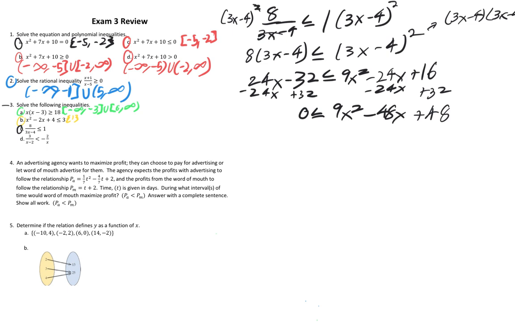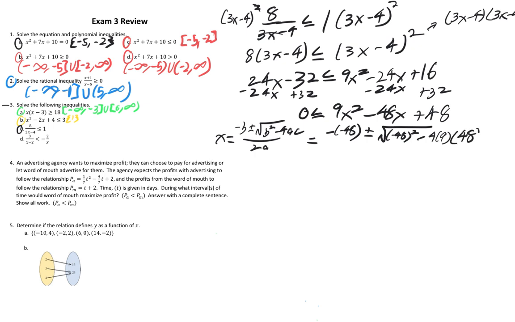So now what we want to do is find our factors. So easy way for this one is we're just going to use the quadratic equation. So minus b plus or minus the square root of b squared minus 4ac all over 2a. That's what our x is equal to. So in this case, we're going to have minus a negative 48 plus or minus the square root of negative 48 squared minus 4 times 9 times 48, and then all over 2 times 9, right?